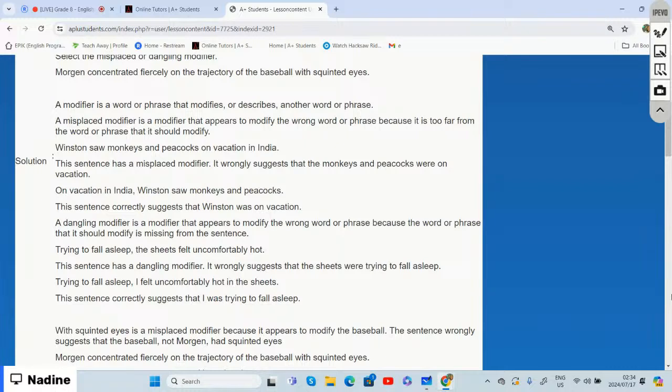And we have a dangling modifier, right? Which is a modifier that appears to modify the wrong word or phrase because the word or phrase that it should modify is missing from the sentence.